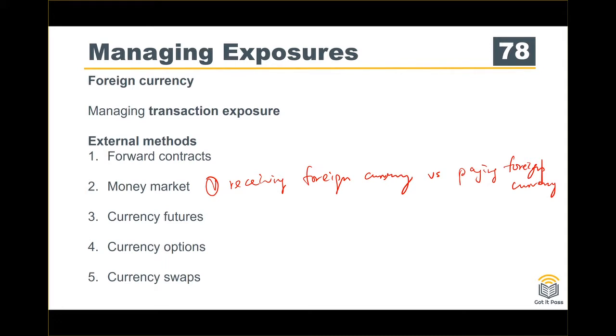The fifth is currency swaps. It is a bit similar to interest rate swap, but interest rate swap is the local currency swap in the interest payment. For currency swap, it is the swap between two currencies.